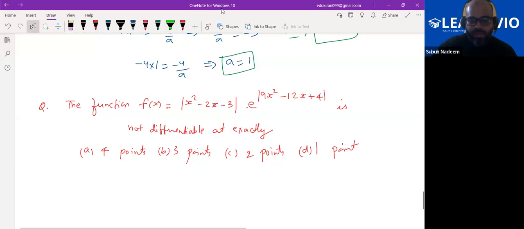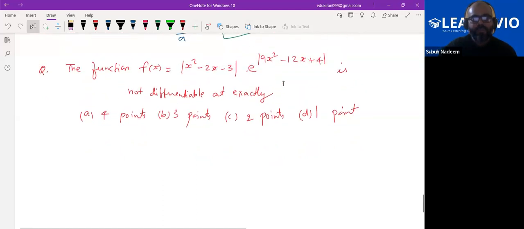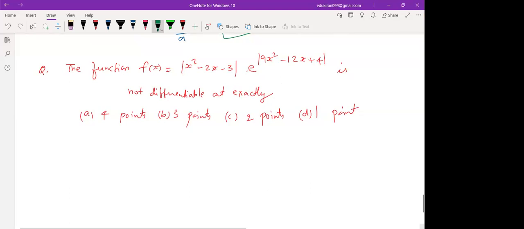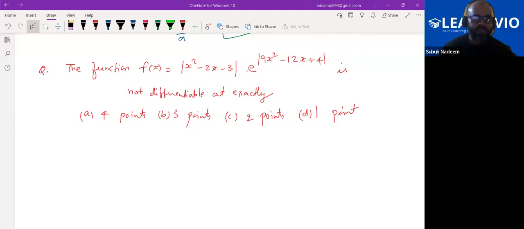Okay, so let us discuss this one. If you observe this function f of x, x square minus 2x minus 3, you can do the middle term splitting.